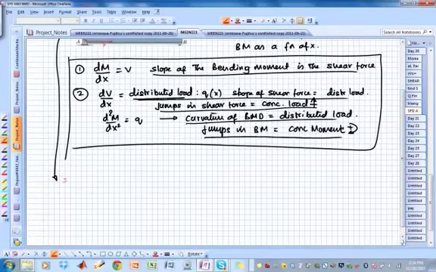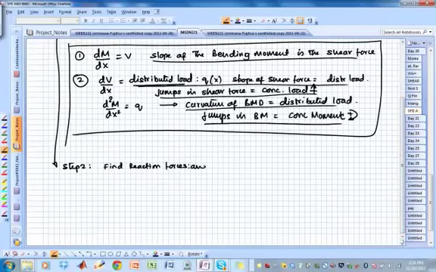Step number 2, find reaction forces. In our case, we already did that, and draw a large FBD.